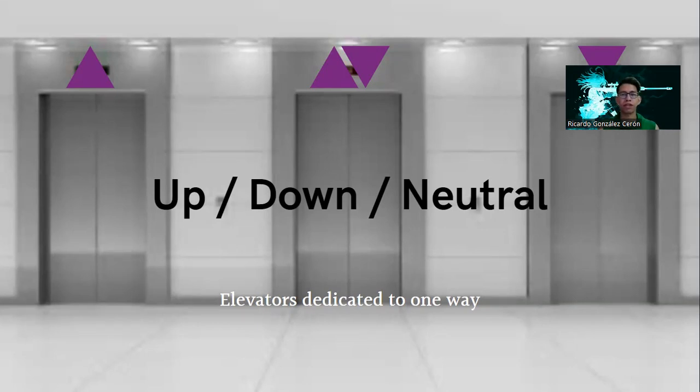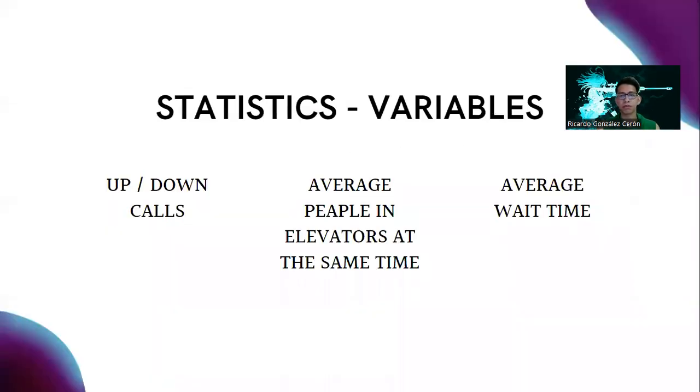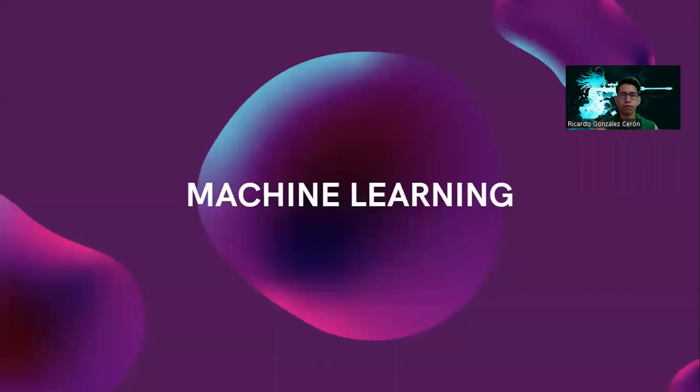This option is for buildings that have more than one elevator on the same floors or on the same wall. One issue this improvement can create is the wait time. That's why the statistics of these variables are necessary, to approach the problem in a useful way.